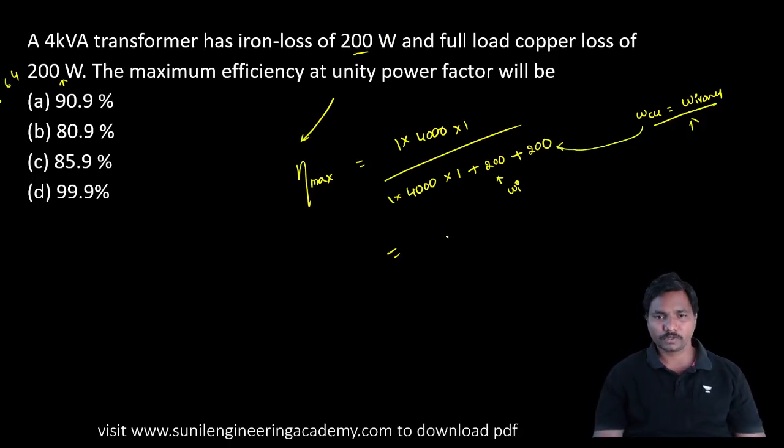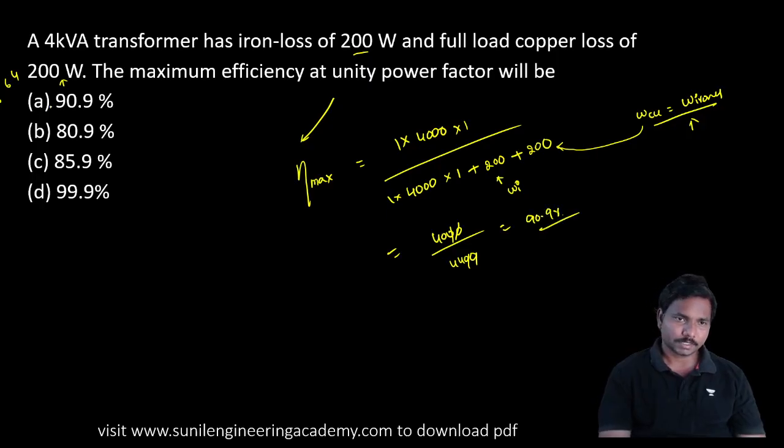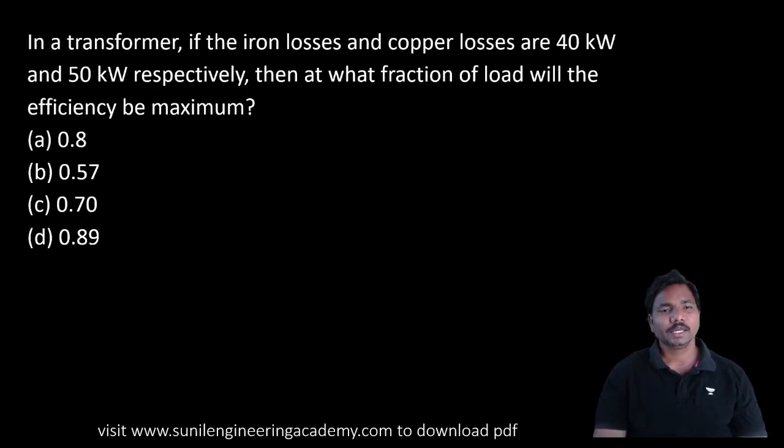Okay, so if you calculate 4000 by 4400, that is very near to the value of 1, and here you will get 90.9%. So the answer is option A. Coming to the next question: in a transformer, if the iron loss and copper loss are 40 and 50 respectively, at what fraction of the load will you get the maximum efficiency?